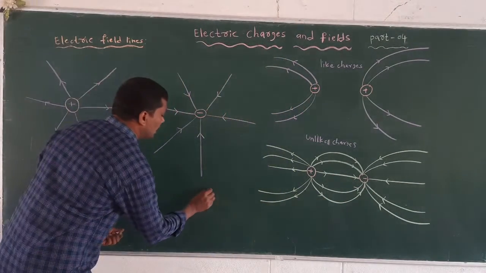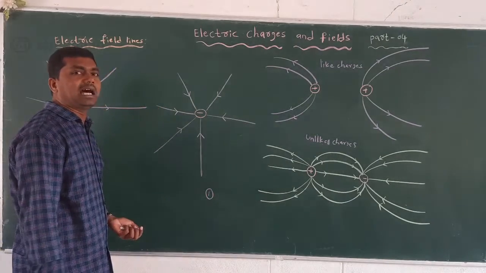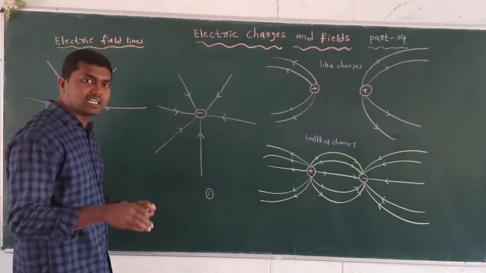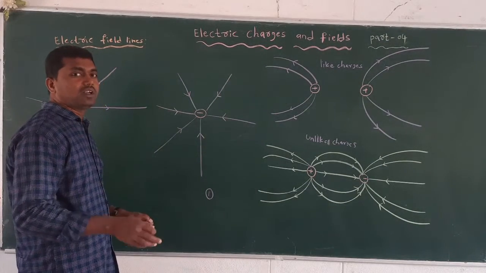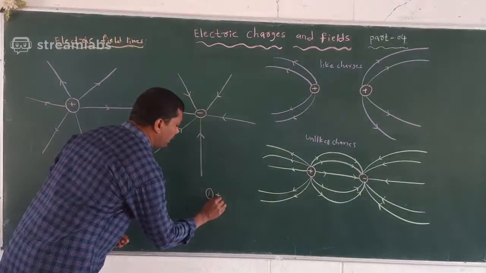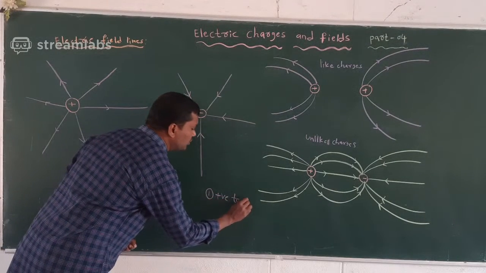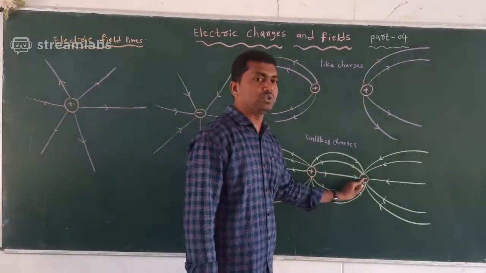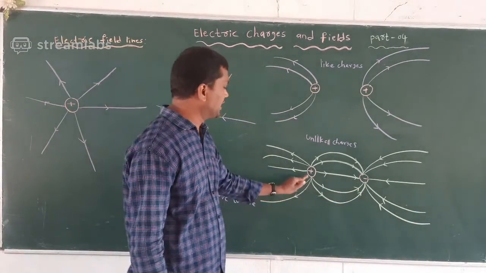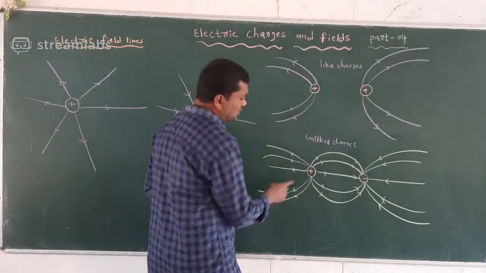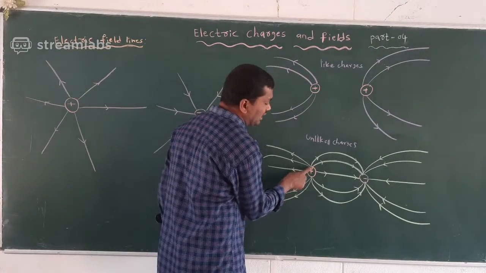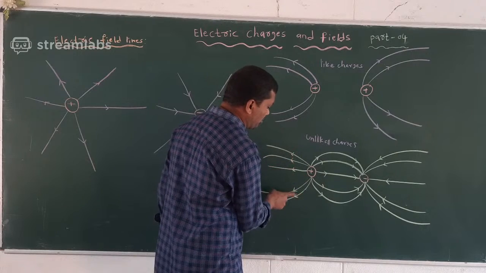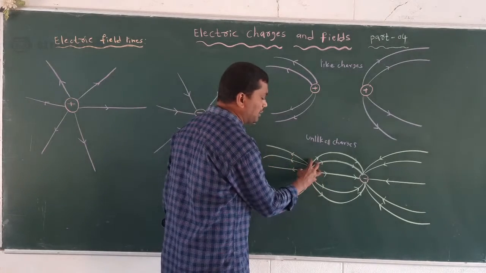What I am saying is that all the electric field lines, all the electric force lines, point from positive charge to negative charge. Observe this diagram: for the positive charge, the electric field lines go outward, as these arrow marks show.